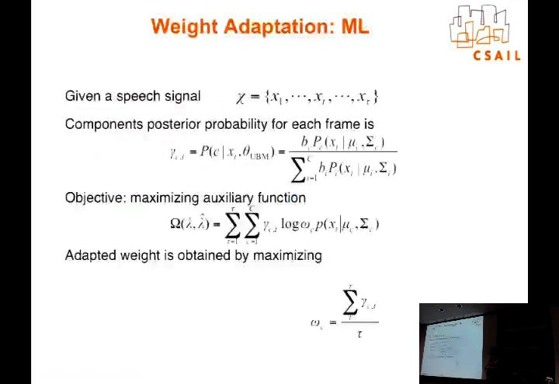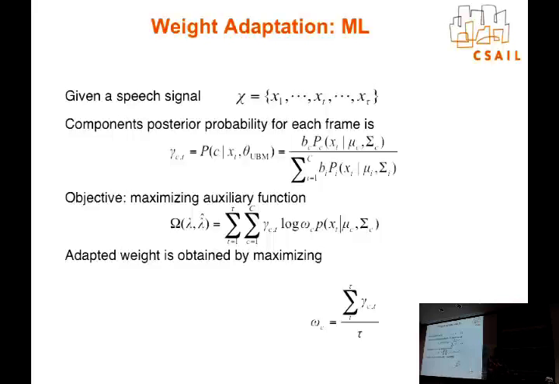So suppose you have a universal background model, a GMM. The way we do adaptation is, for example, you have a stream of frames, you compute the posteriors, and you try to maximize the auxiliary function that is based on the weights. If you want to do maximum likelihood, you only accumulate these posteriors and divide by the number of frames, and you have the maximum likelihood.